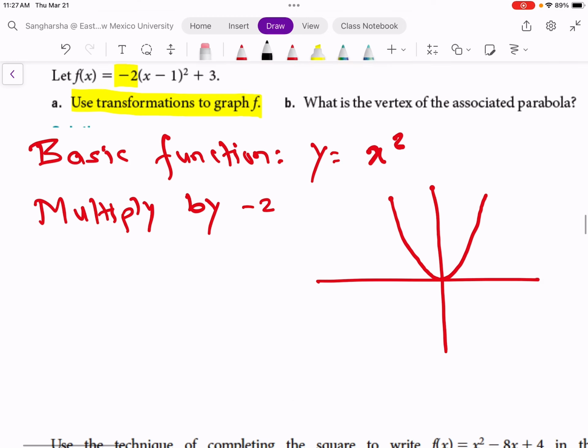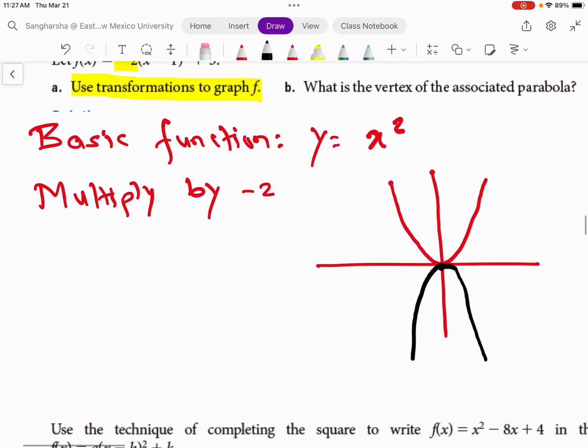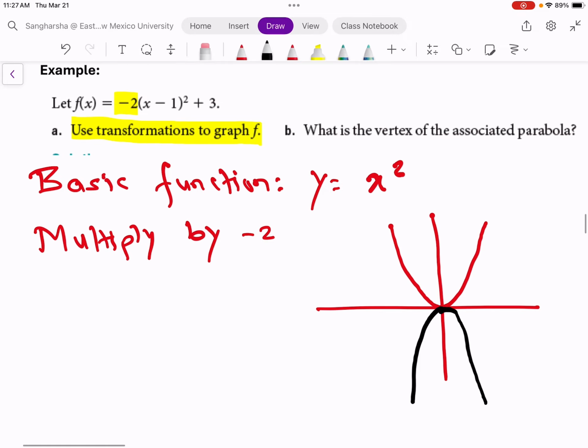It means this graph flips, and since we are multiplying by 2, it is vertically stretched. So you draw a little bit narrower parabola than the first one. Now this is the second step. After multiplying by negative 2, our basic function becomes y equals negative 2x squared.